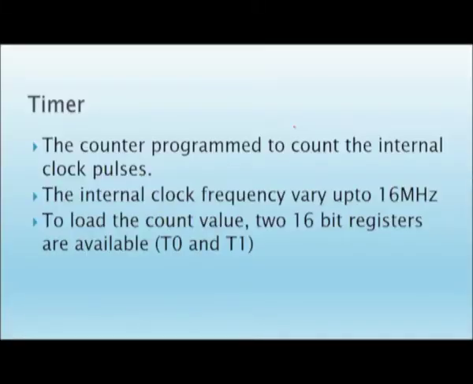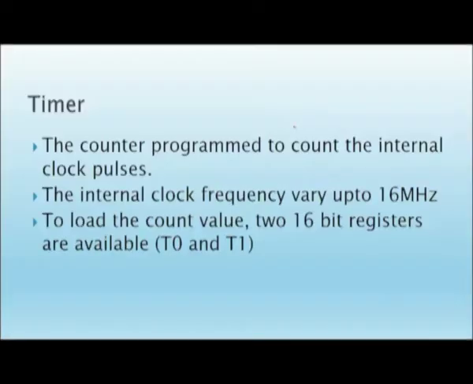Another one is the timer. It is a counter which is used to count the internal clock pulses. Internal clock pulses means the system itself has a crystal oscillator, and based on that it generates the frequency. The operating frequency varies from 1 megahertz to 16 megahertz.